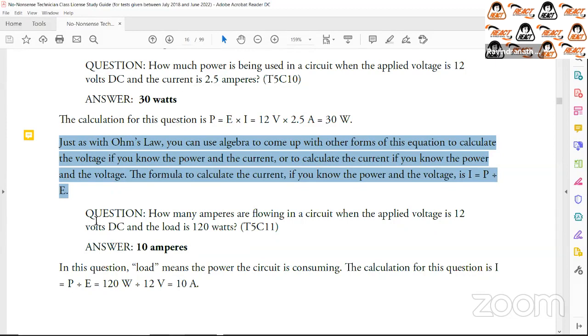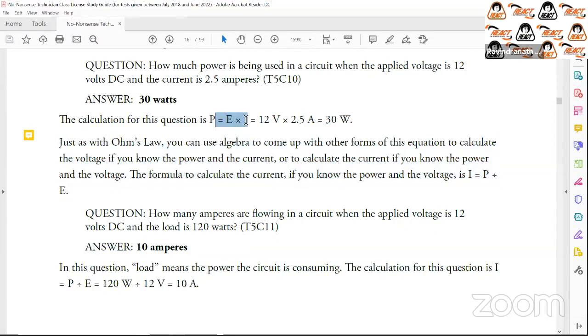Just as with Ohm's law, the power formula can be manipulated in the same way. And what is the power formula? If you recall from last class, we said power is equal to the voltage or the EMF multiplied by the current. That's the power formula, or the DC, direct current power formula. And we need to learn this formula.